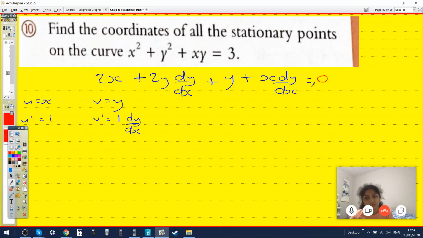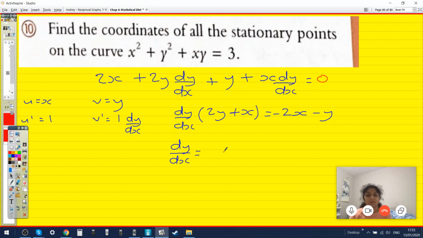Okay. So let's see. When we factorize it, dy by dx should give you 2y plus x, x minus y. And so dy by dx is equal to minus 2x minus y over 2y plus x.